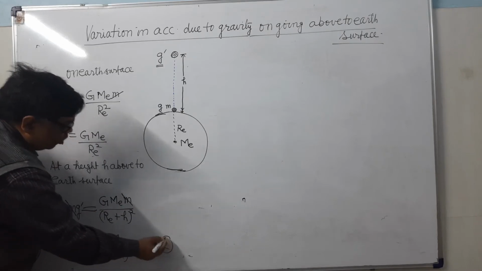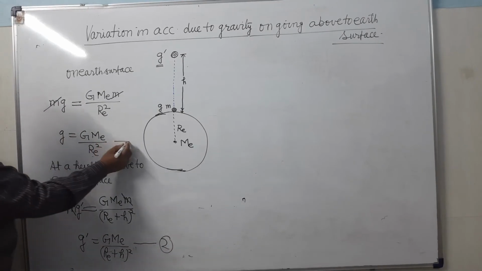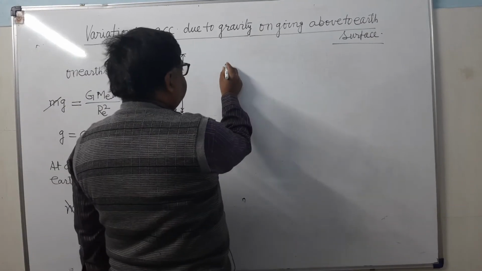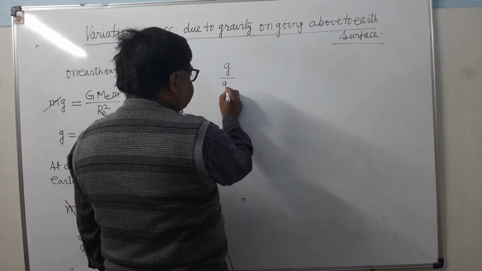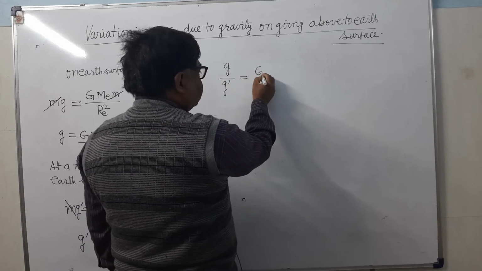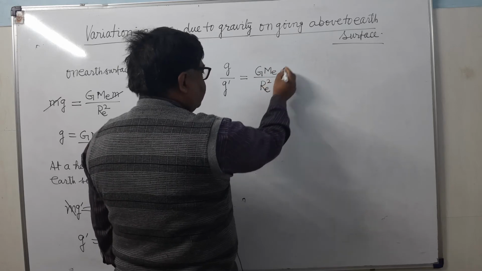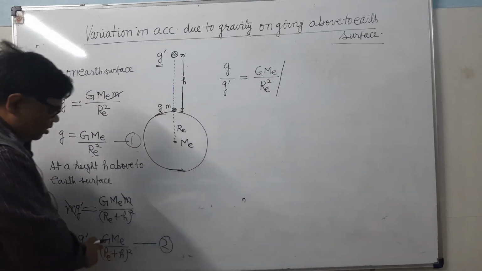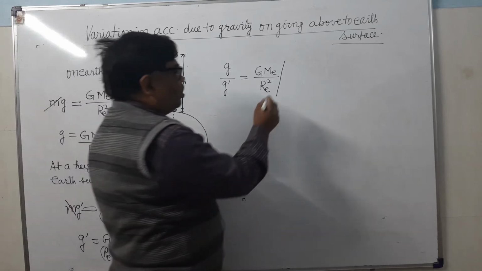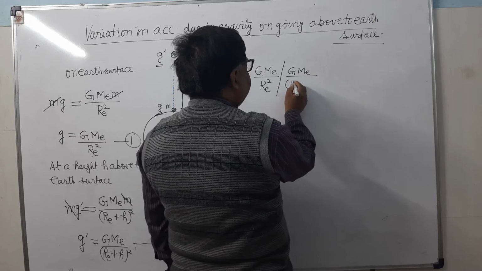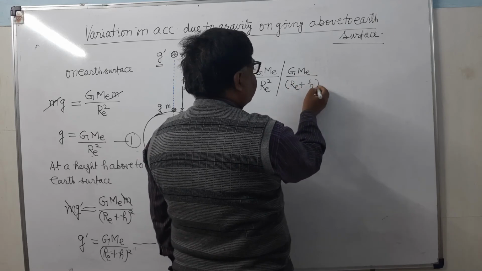Now what will you do? We will divide equation 1 by equation 2 side by side. Dividing equation 1 by equation 2 side by side means g upon g dash. So equation 1 is G Me upon Re square, whole divided by this, so it will be equal to G Me upon (Re plus h) whole square.